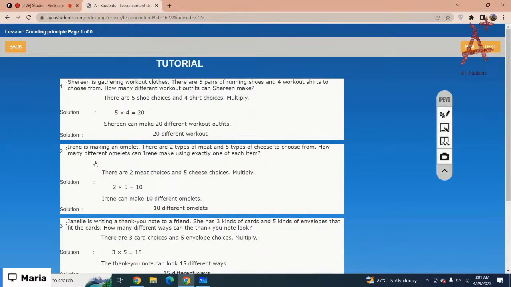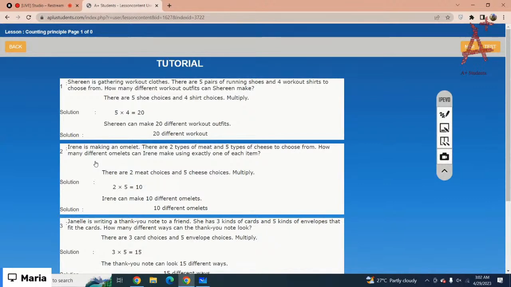Got it? So basically, you have to multiply all the choices. There are 5 shoe choices and 4 shirt choices. Just multiply 5 times 4. So 5 times 4 is 20. That means she has a total of 20 different workout outfits. Got it?